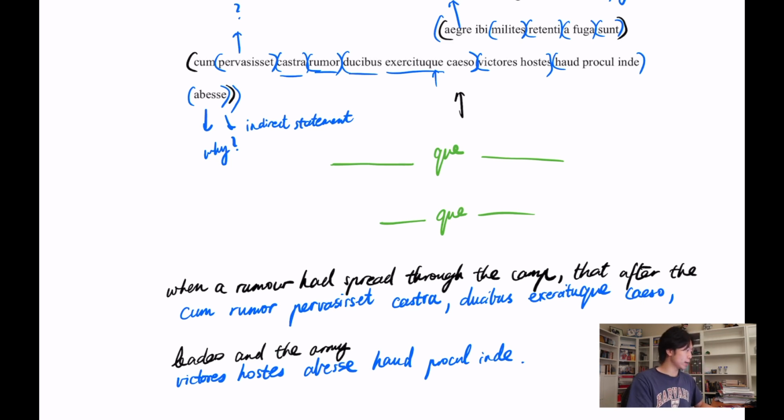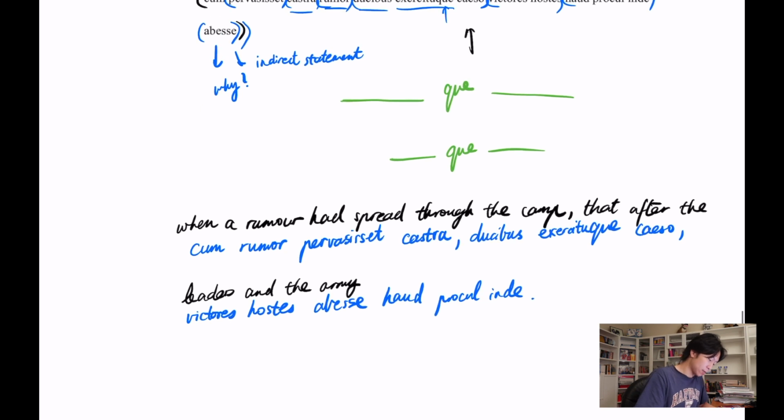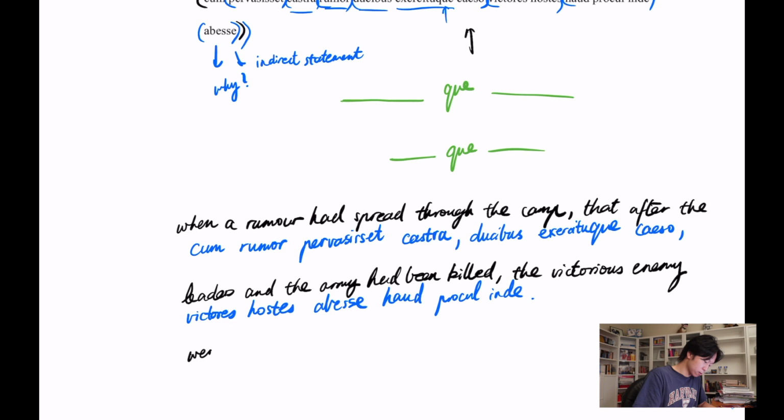Kaiser can mean cut, strike, kill. It doesn't make sense to say an army had been cut. It makes more sense to say they'd been killed. Then the army had been killed. The victorious enemy were not far away from there.